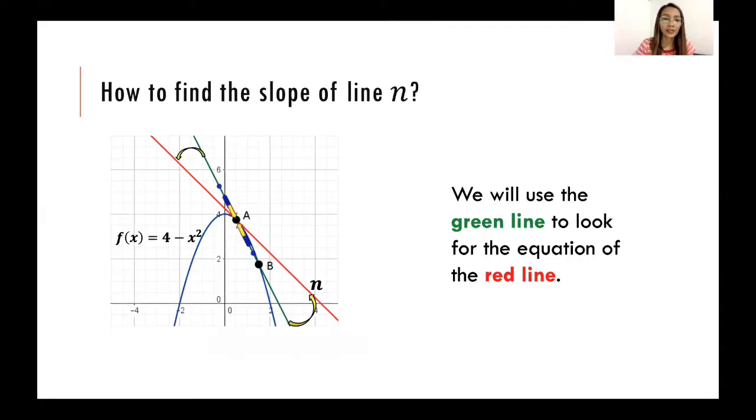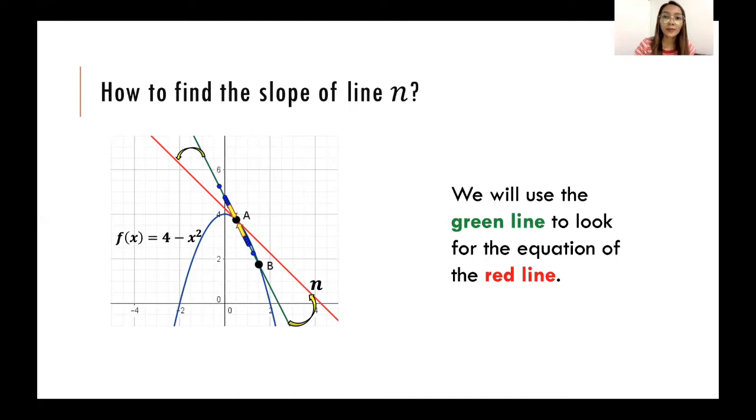Okay, let's see. As you can see here, this one is approaching point A. This point is also approaching point A. Now, we need to find the number that approaches point A to find the slope of the red line.